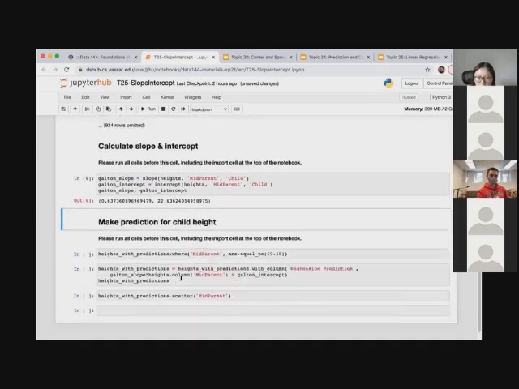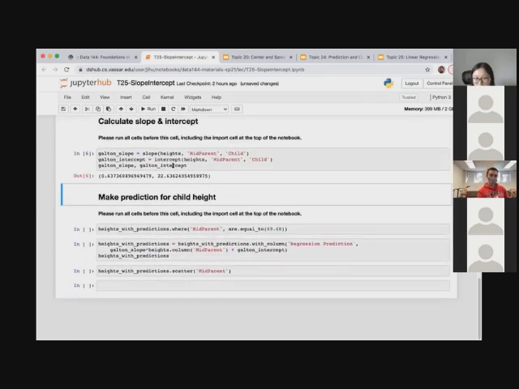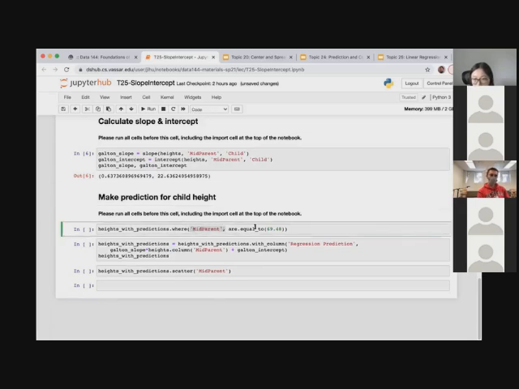And lastly, we can use the slope and intercept to make predictions. First of all, we get the mid-parents at a particular height. So I probably need to slow down a little bit here. What we're doing is that we have the heights, and we get the regression prediction.